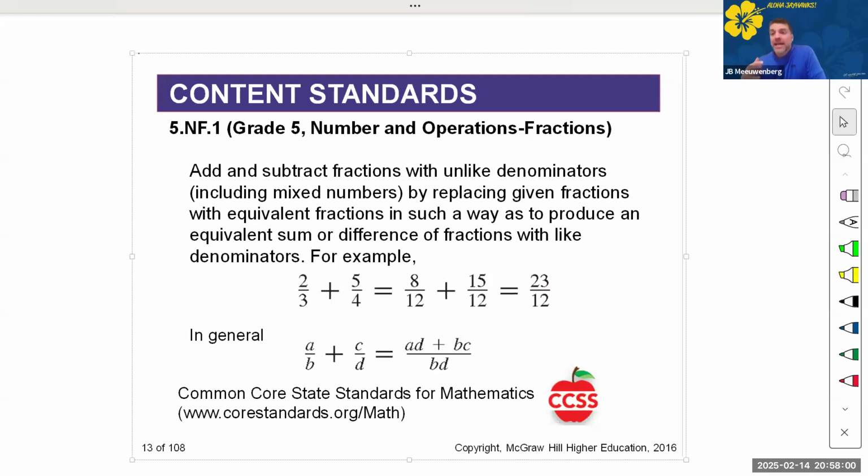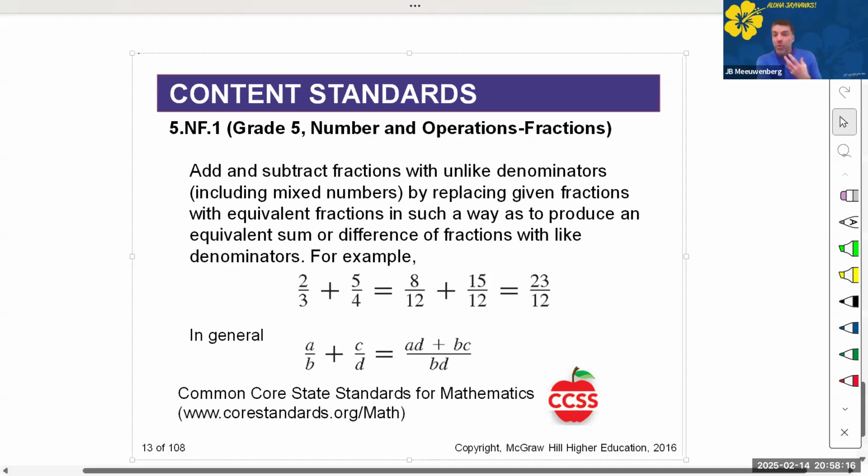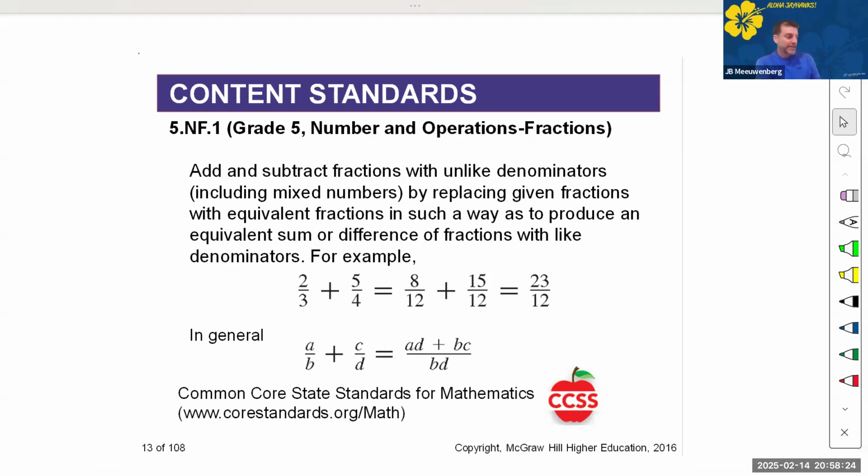And what I'll say is that so many things that we've already done in this class to this point lead up to being able to do this task right here. Having an incredible grasp of numbers, understanding factors and multiples, knowing some basic multiplication facts, all those things are crucial for being able to do this exact task right there.